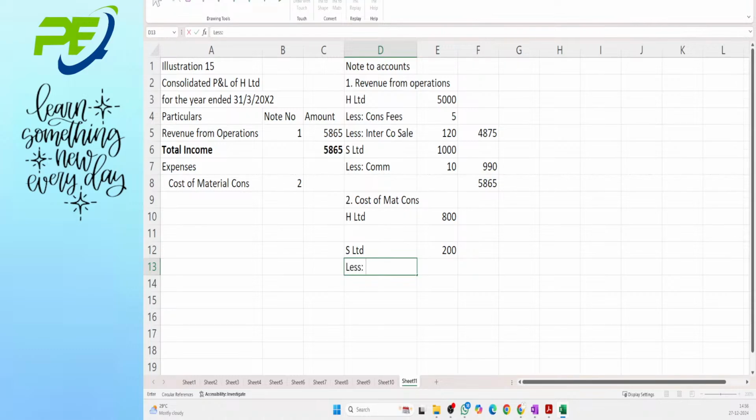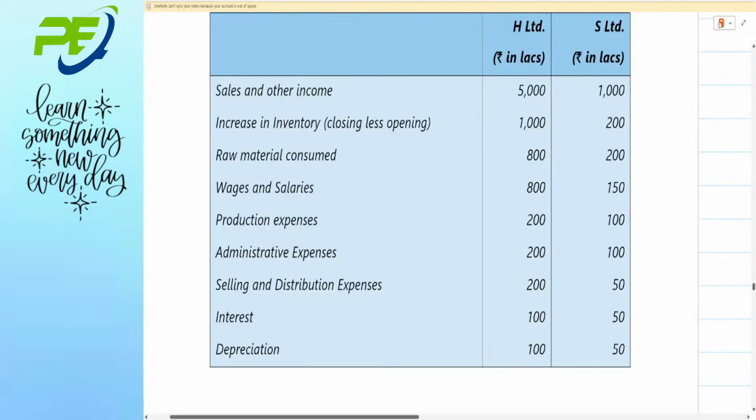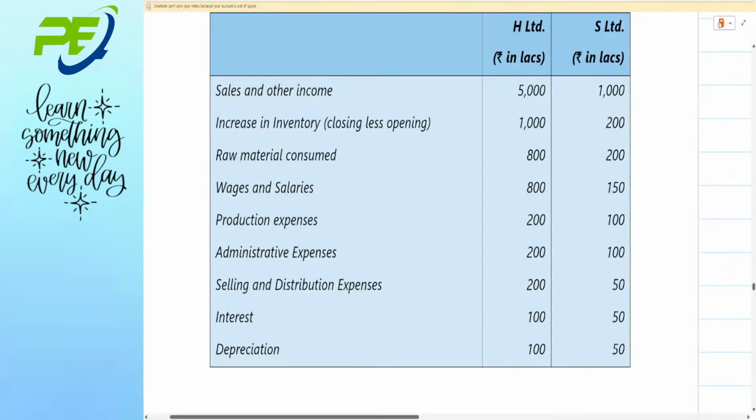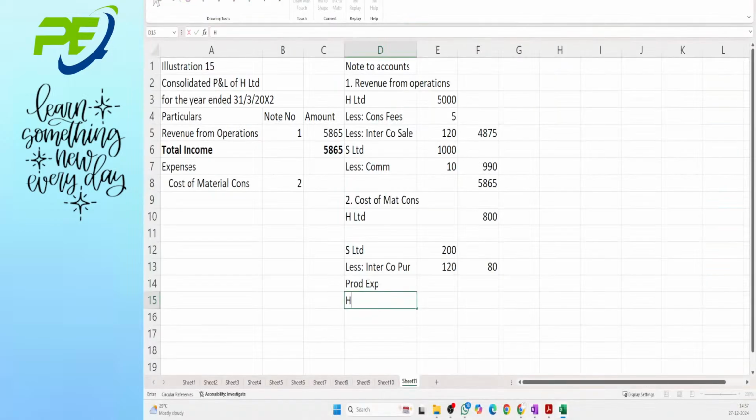Less intercompany purchase. How much? 120. And then what else should we add? Production expenses. It is again H Limited and S Limited.